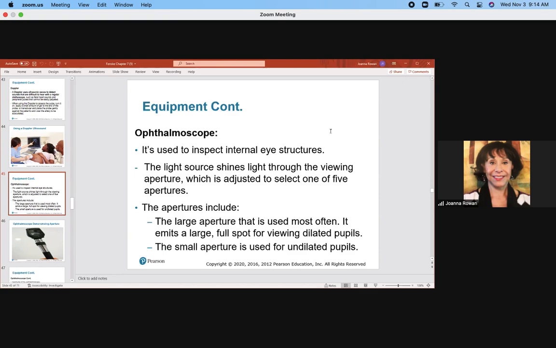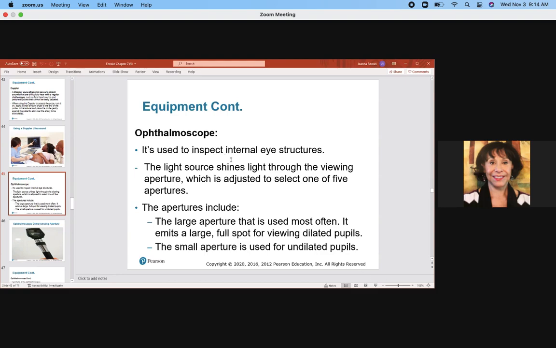Okay, so the ophthalmoscope is another equipment that is used to examine the internal part of the eye. However, it is not very often used by regular RNs, by RNs that are generalists.